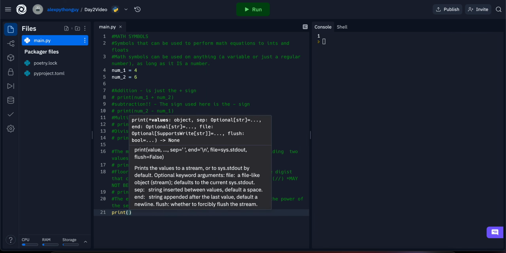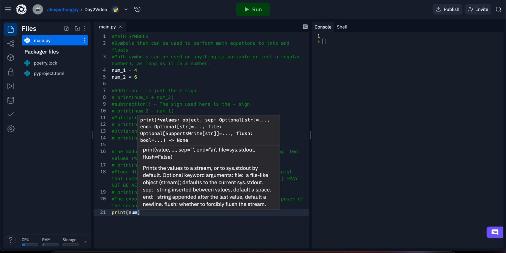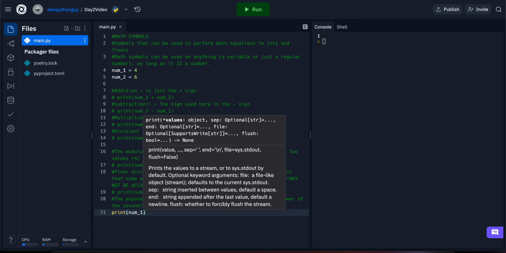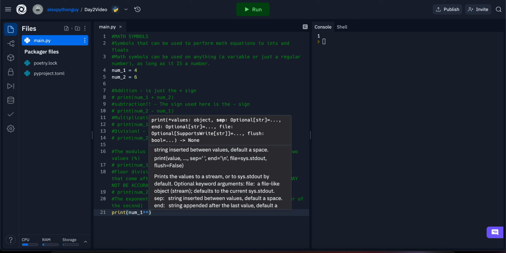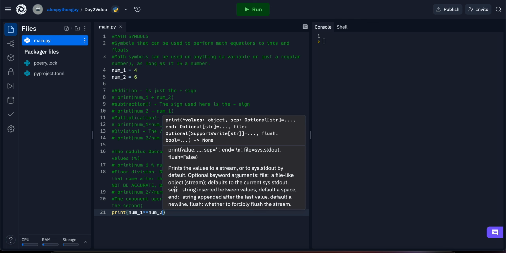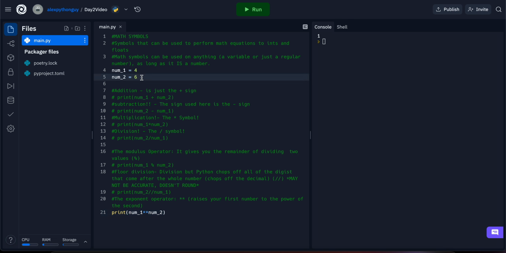So let's print num1 to the power of num2. For this one, I'm just going to make the value of num2 2, just so I can make it easier to explain. And we get 16. Oh, I should probably have made it 3 and 2.